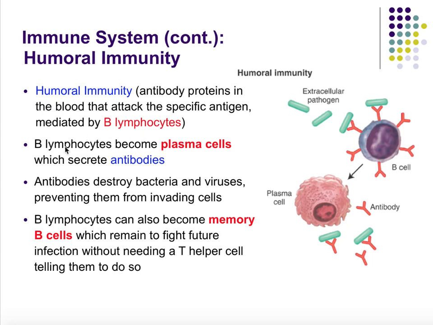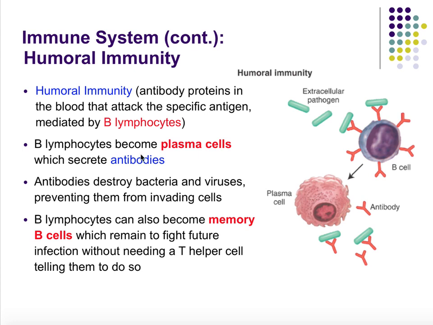So your B lymphocytes, when they get activated, can turn into two types of cells, either your plasma cells or your memory cells. Your plasma cells do a very important thing. They make your antibodies. And antibodies are important because they help you destroy bacteria and viruses and basically make sure that your body is not being invaded.